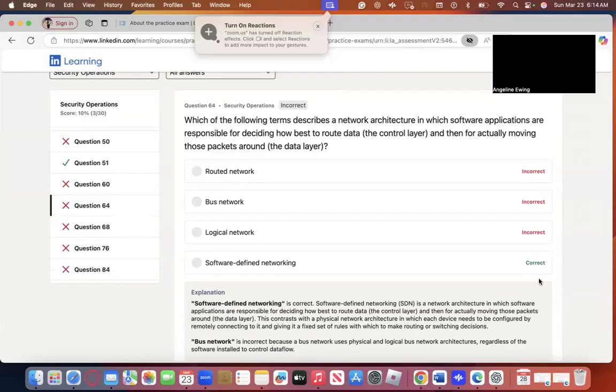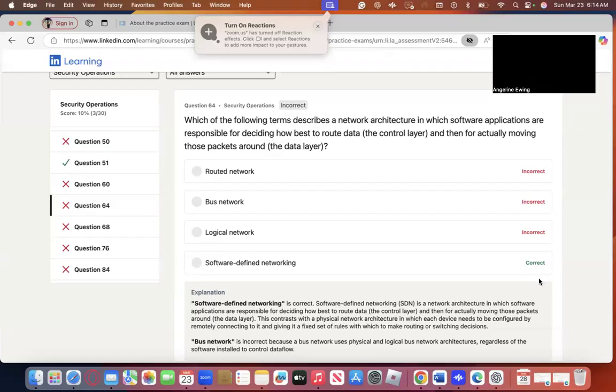Software-defined networking is correct. Software-defined networking, SDN, is a network architecture in which software applications are responsible for deciding how best to route data, the control layer, and then for actually moving those packets around, the data layer.